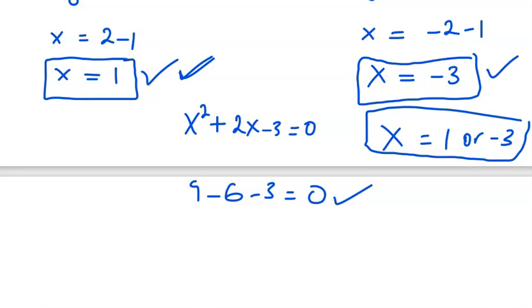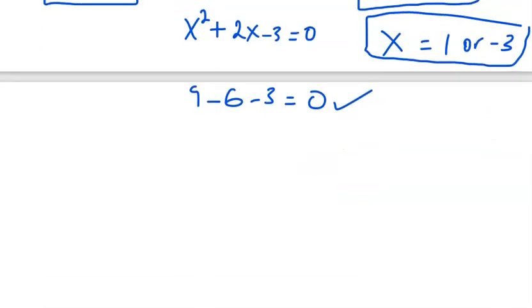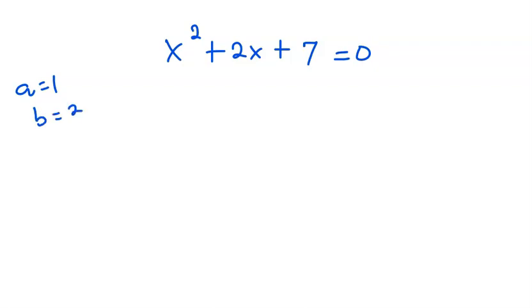Okay, now another question here is, what about quadratic equations with complex solutions? So let us start with x squared plus 2x plus 7. This is equal to 0. So let's make the following substitution. Remember, a here is 1, b here is 2, and c here is 7. So we're going to let x equal y minus b over 2a.